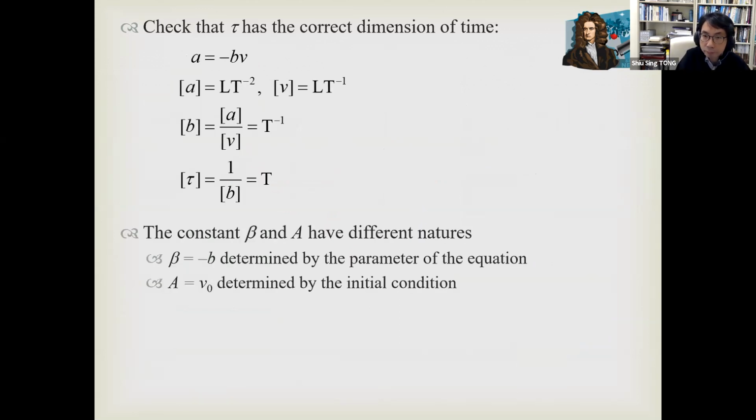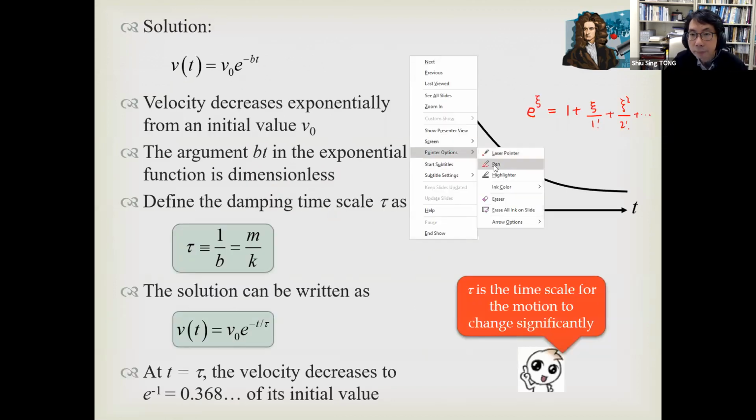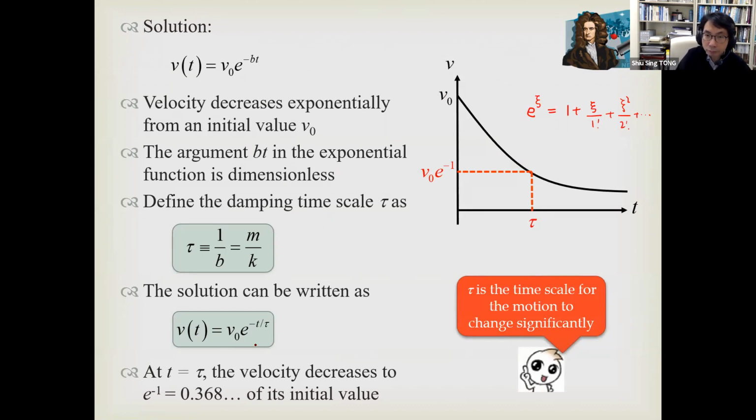For example, if I write a function as a function of C, then this C is my argument. So in this case, I have the function of C equal to e to the power C. Now, if bt is dimensionless, so if I find the dimension of it, it is equal to 1.